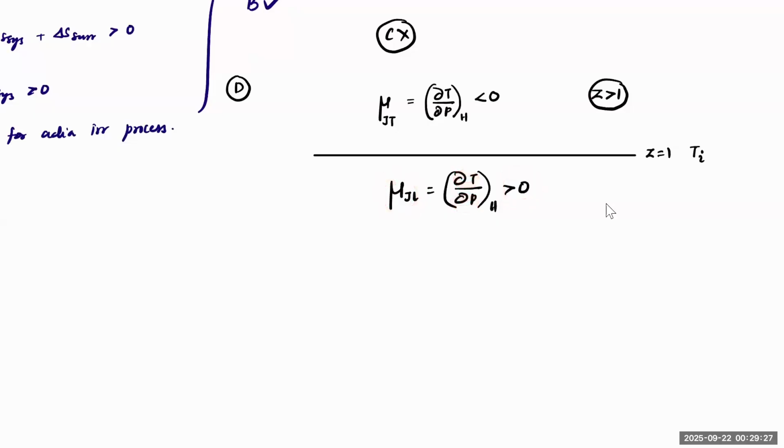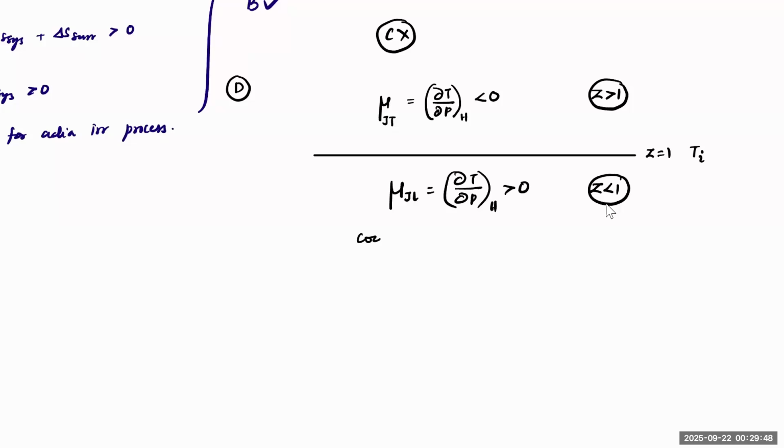So the cooling effect suggests that the interactions between the particles are increasing, which means they have more attractive forces between them, because of which the cooling effect is observed.